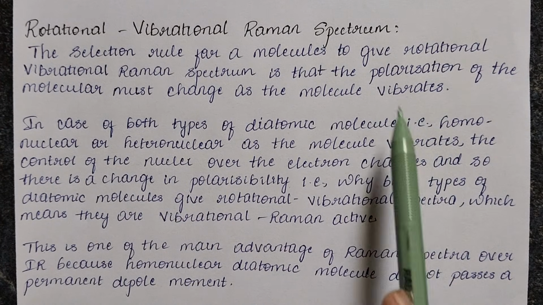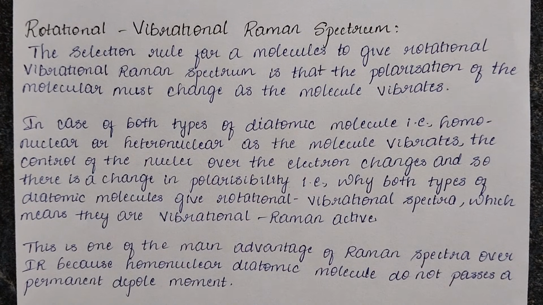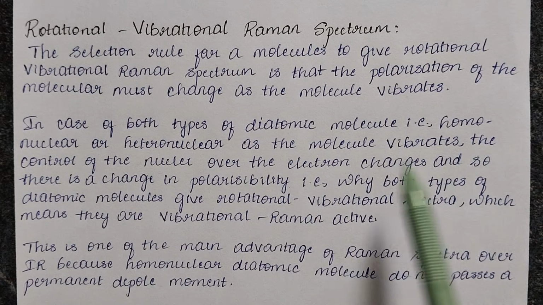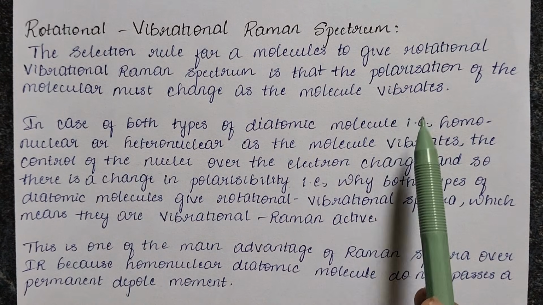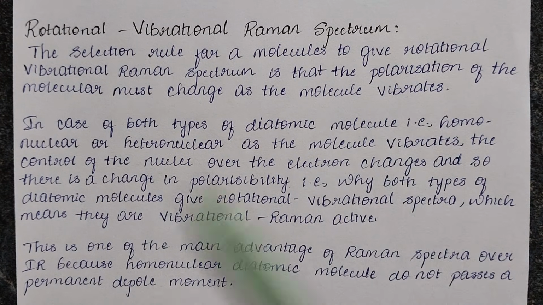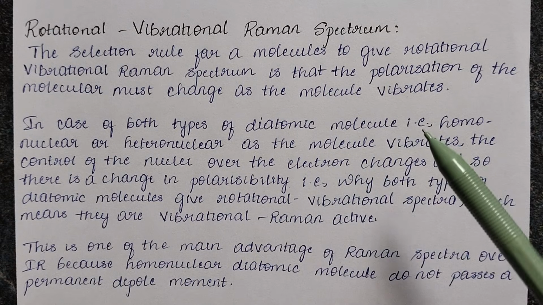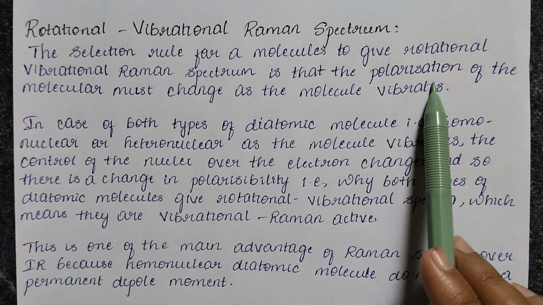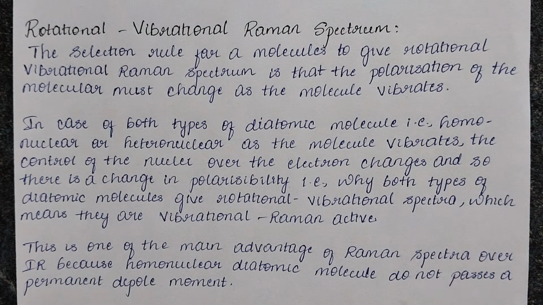So as we know, polarization is nothing but the charge which is present upon an atom in a molecule. And so when a molecule starts to vibrate, the atoms or the molecule itself should undergo a polarization. So if there is polarization, obviously there will be a rise of dipole moment.